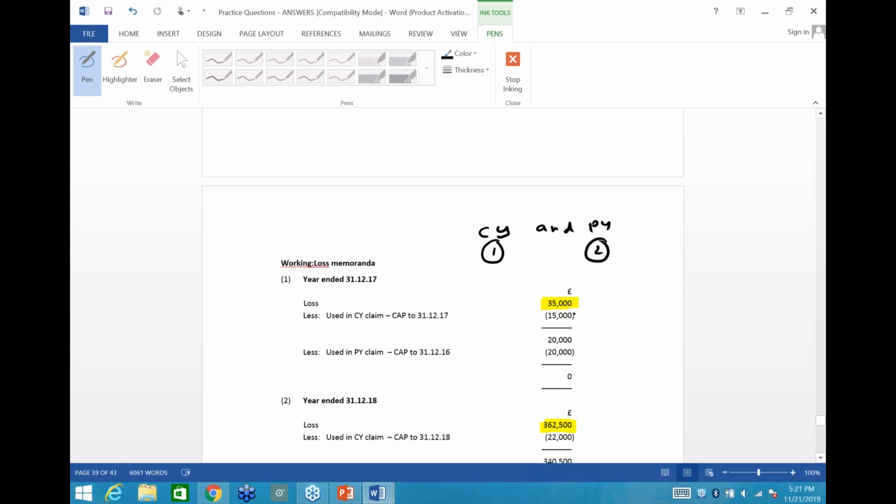So now you have 35,000. To get the relief as early as possible, this 35,000 can first be set off against the total profit before QCDs of the current year and any unrelieved amount against the previous year. You can't directly go to the previous year. First against the current year.